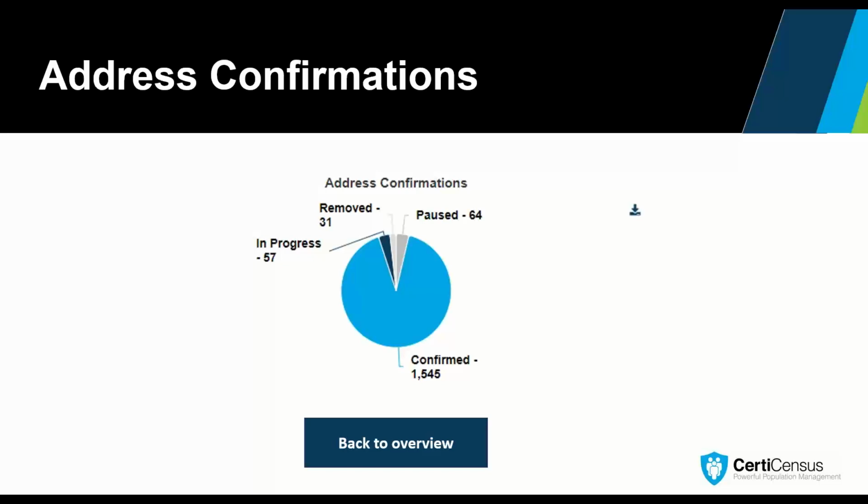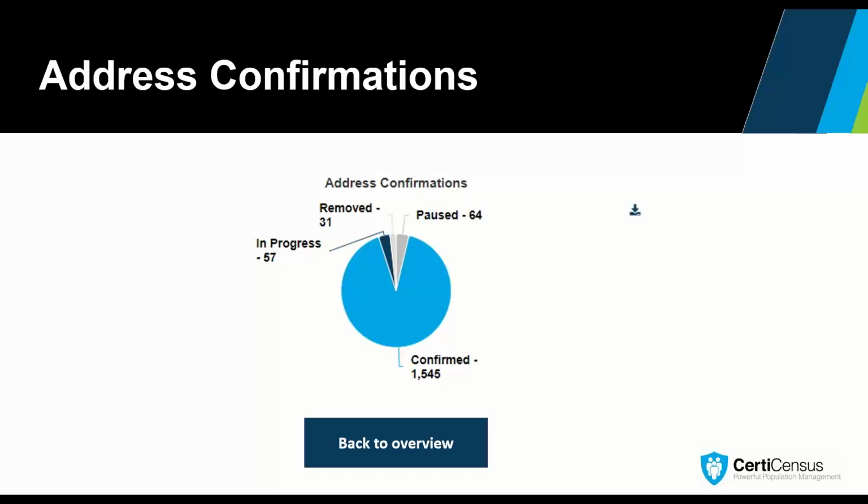Once we make contact with a participant through that locate process and they confirm their address, they get put into that confirmed status. The other way that's identified as confirmed is if the address that you provided on your file is still showing as current through commercial databases matching. We can see that they're still living at that address that you have provided to us in your file.